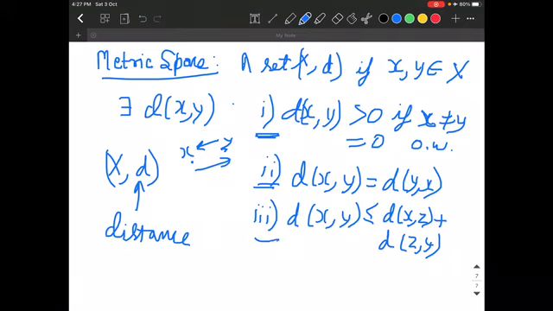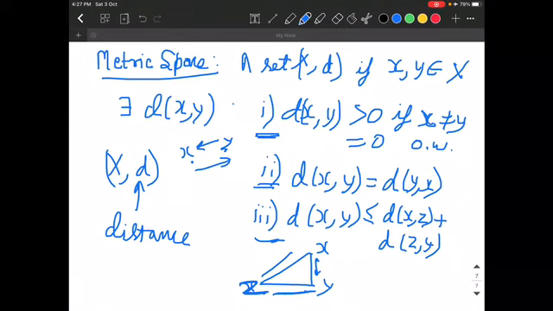And the third one is basically the triangle inequality: for x, y, z, the distance between x and y is less than or equal to the distance between x and z plus the distance between z and y. So this is a metric space.